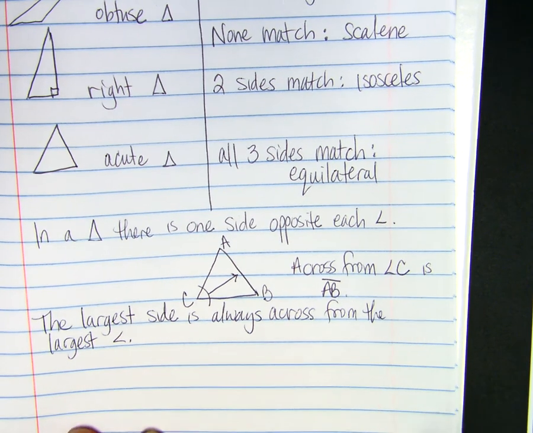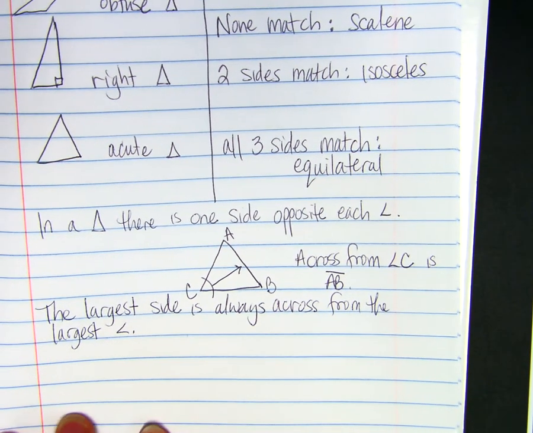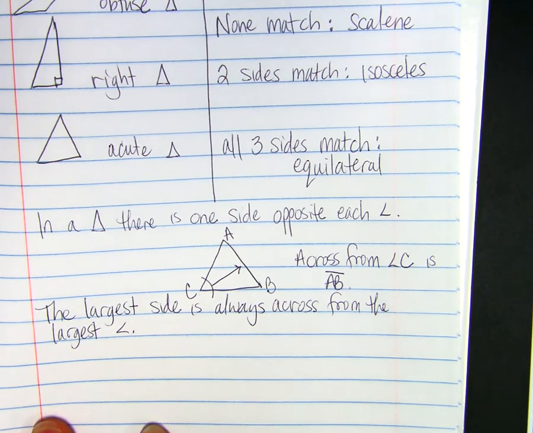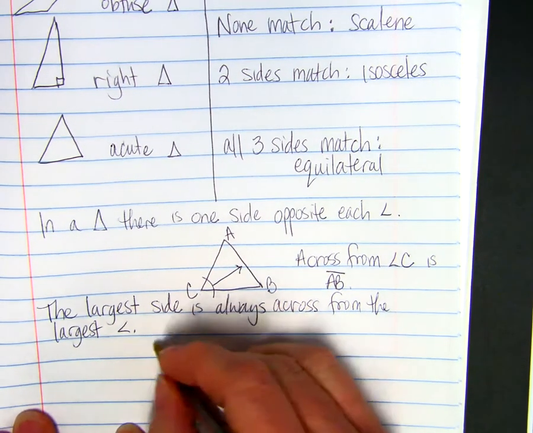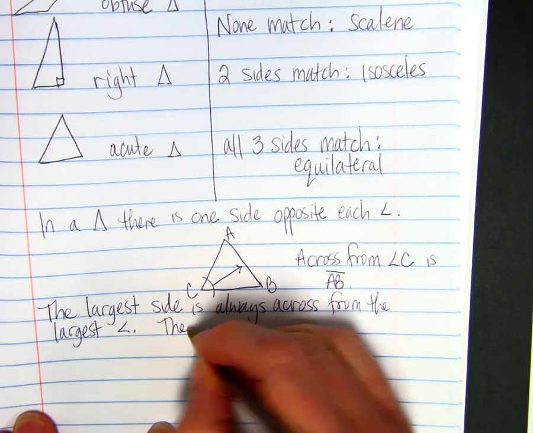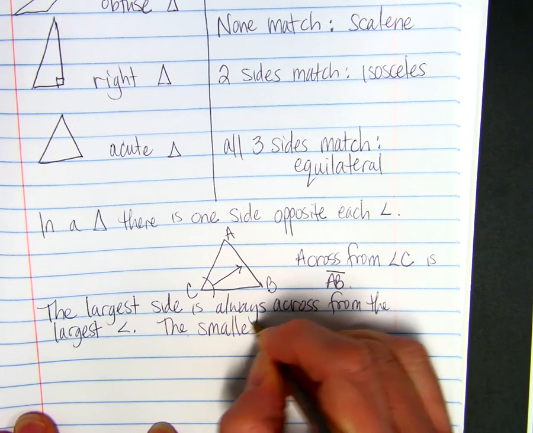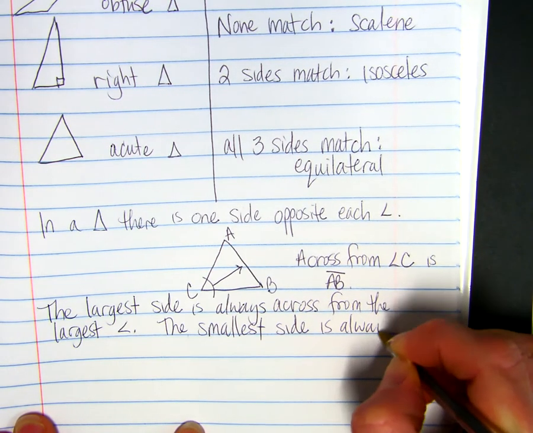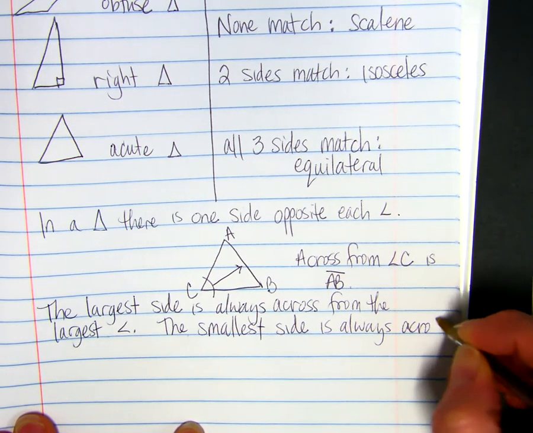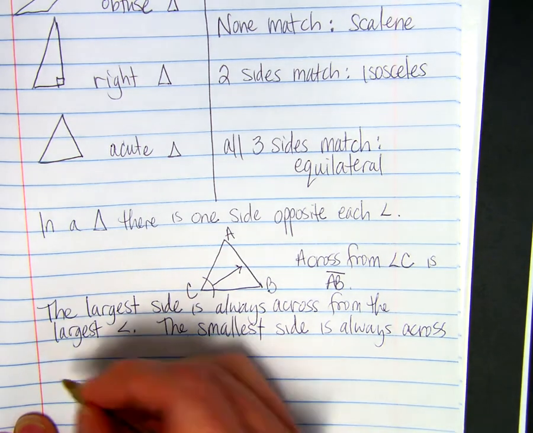So the longest side of any triangle is always the opposite side of the largest angle. And then the smallest side is always across from the smallest angle.